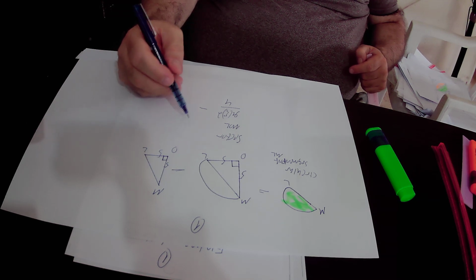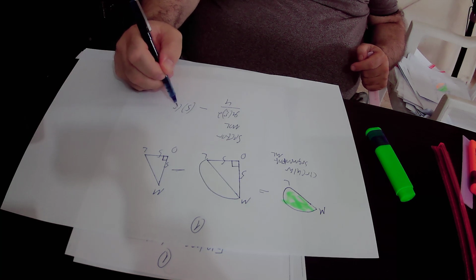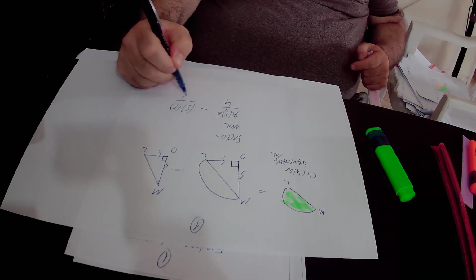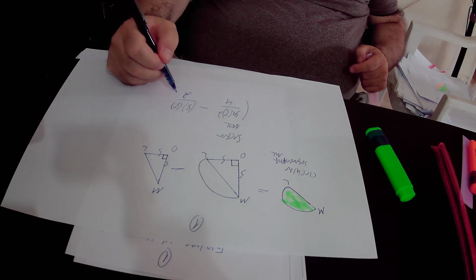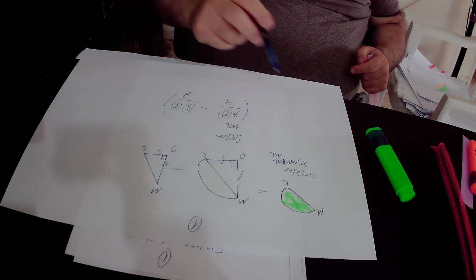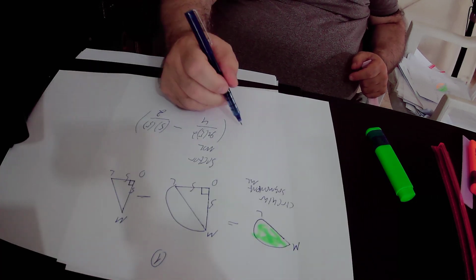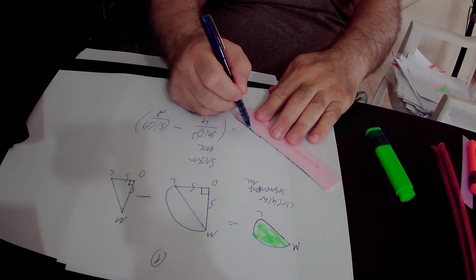The area of triangle MOL equals the base of the triangle, that is 5, times the height to the base, that is also 5, over 2. So actually we found the area of this circular segment ML.